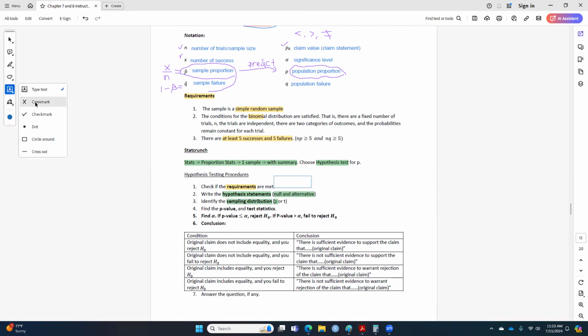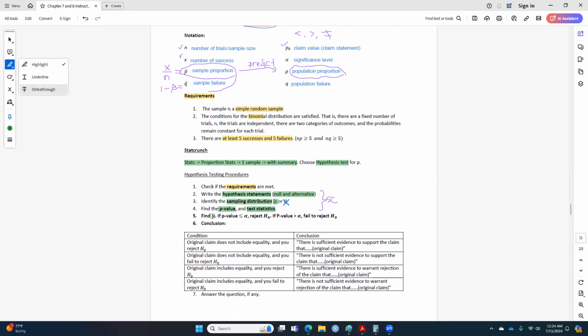The reason why we will not use T is because this is proportion, sorry, not mean. This is doing population proportion, so Z-stat is used instead of T. And then after that, you will get the p-value and test statistic. This is where your StatCrunch will be, so usually you can refer to StatCrunch. StatCrunch has this.